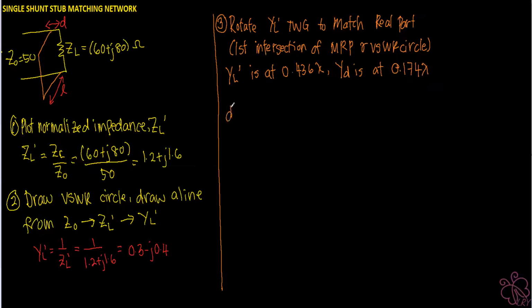So the distance from YL prime to YD is 0.5 minus 0.436 lambda, and then plus 0.174 lambda.